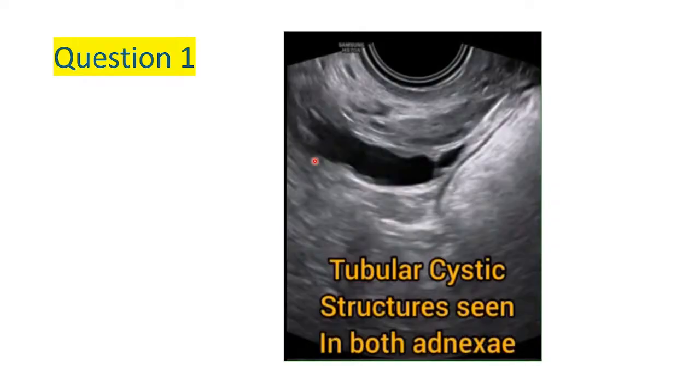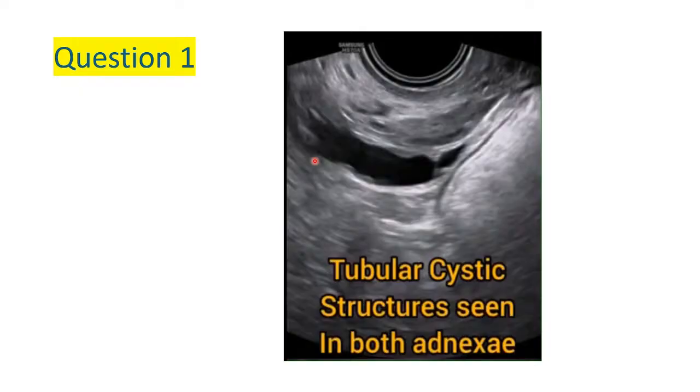If the fluid is in the abdomen, the peritoneum, we call that ascites. If fluid is collecting in the kidneys, it's hydronephrosis. Then if this fluid is collecting in the fallopian tubes, we call it hydrosalpinx.